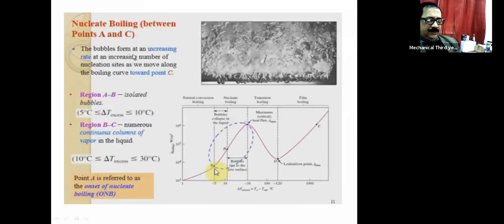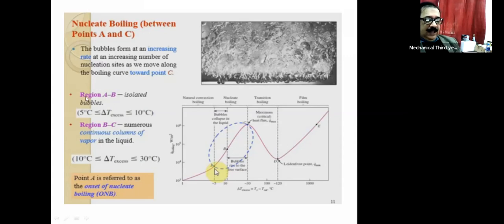Bubble forms at an increasing rate. Formation of bubbles starts at an increasing number of nucleation sites as we move along the boiling curve towards point C. So from here to here, this bubble formation starts increasing.